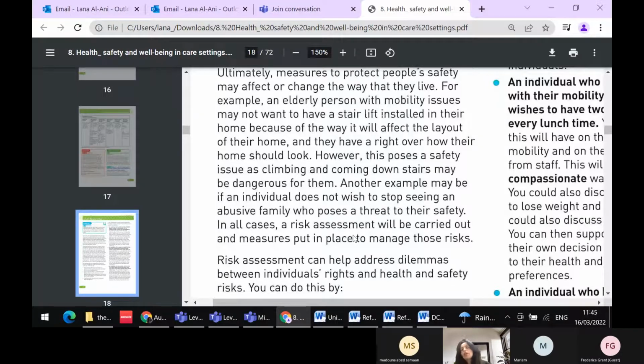However, if you do the risk assessment, you would find out that this person cannot climb the stairs. It's very dangerous for him or her, and they are doing it every day. So you got all the information from the risk assessment. You tell your client that this is not good for you, and these are the reasons why. You might get them to a clear mind, understanding how to manage this risk.